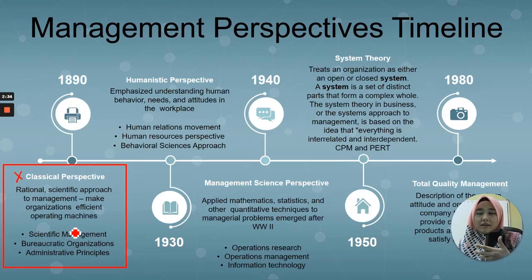Macam umpamanya bila ada organisasi pun dia buat organisasi tu macam machine, and they need to work in a certain order and in a certain manner. Okay, bawah classical perspektif ni ada scientific management, ada bureaucratic organisation and ada administrative principles. So nanti kita akan tengok each one of them.